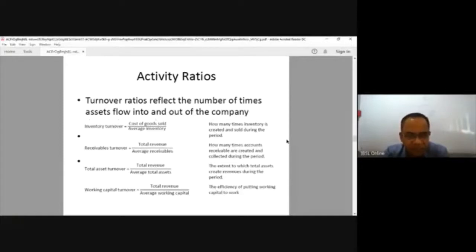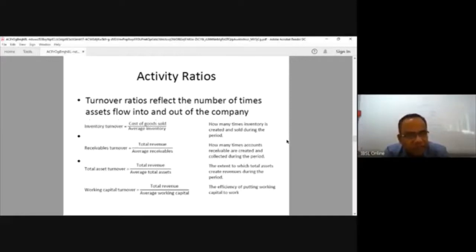The same principle as what I told you for the inventory turnover applies to receivable turnover: how many times. If the sales is 600 million, say, and the average receivable in the balance sheet is 100 million, that means it has turned over 6 times.